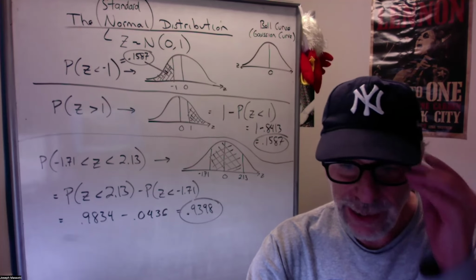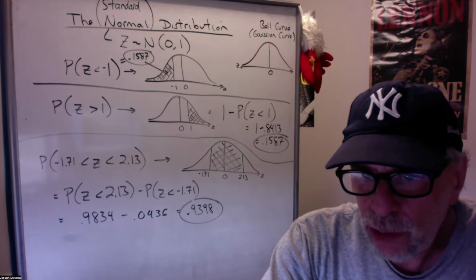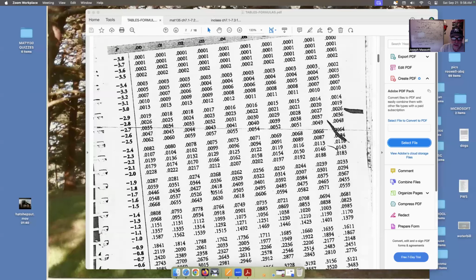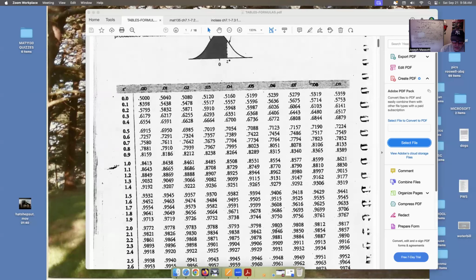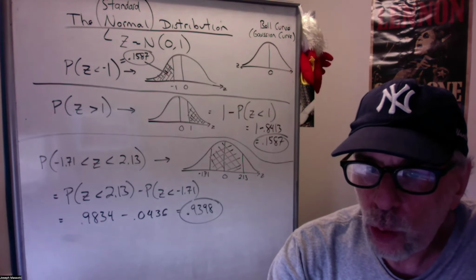And now if we go look in the table, and we did that earlier, we looked at less than 1, it was 0.8413. Let's just review that. We go up here, 1.0, 0.00, 0.8413. So we subtract that 0.8413 from 1, and we get 0.1587.